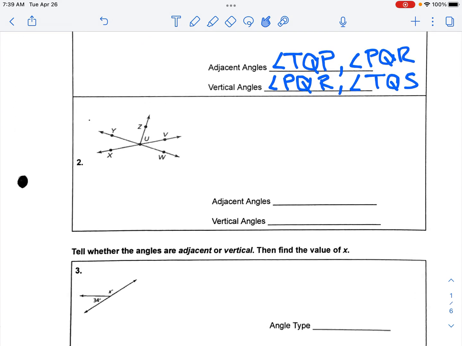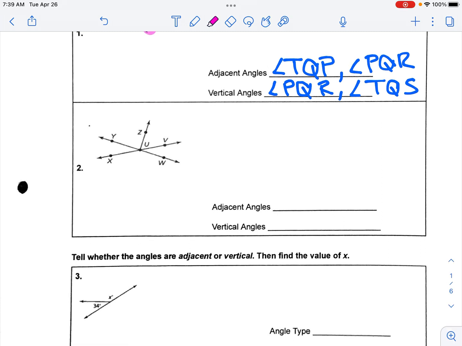Looking for adjacent angles, I'm going to choose YUX and YUZ. Adjacent, they have to share a vertex and a side. So angle XUY and angle YUZ.